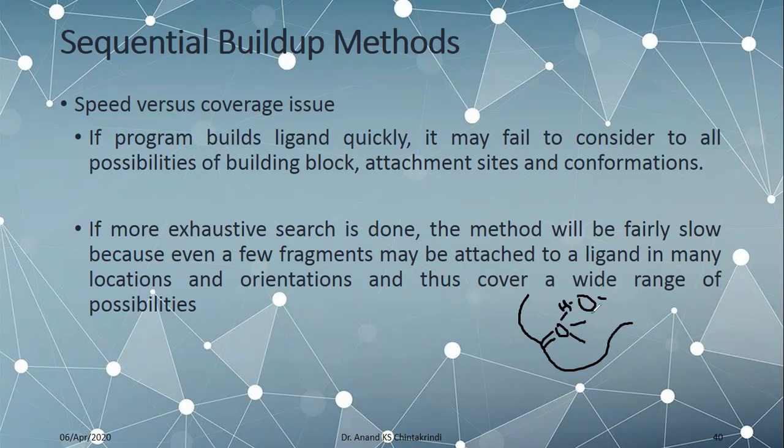And it would also consider whether it is bumping into the receptor or the other fragments. So if a more exhaustive search is done, this method will be fairly slow. And conversely, if it is not considering all possibilities, the ligand is built very quickly, but it is failing to consider all the possibilities and it may miss a particular fragment here.